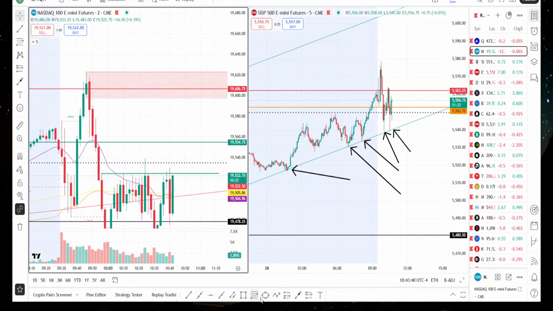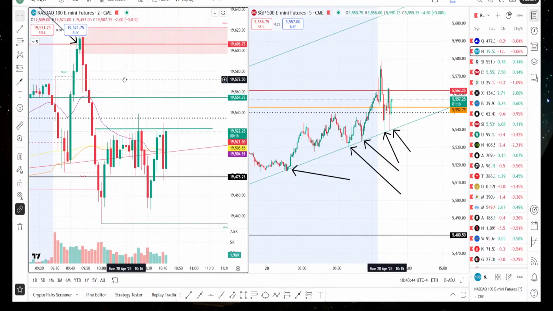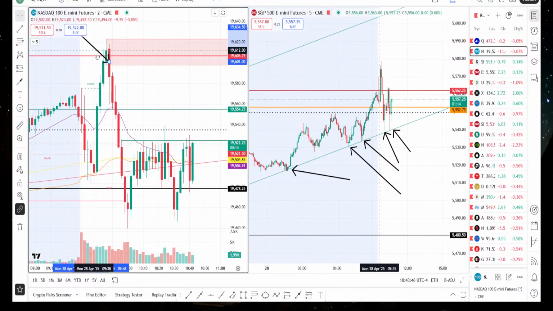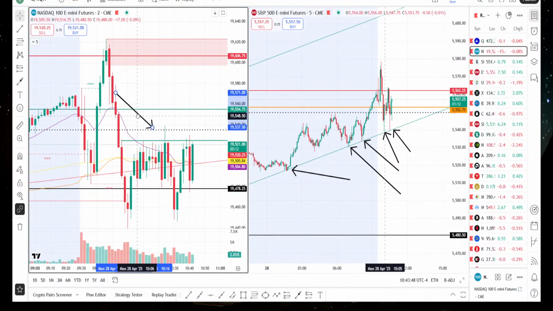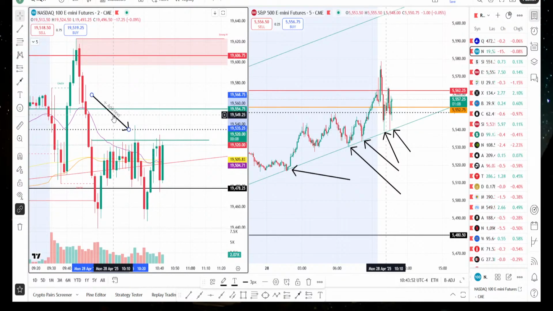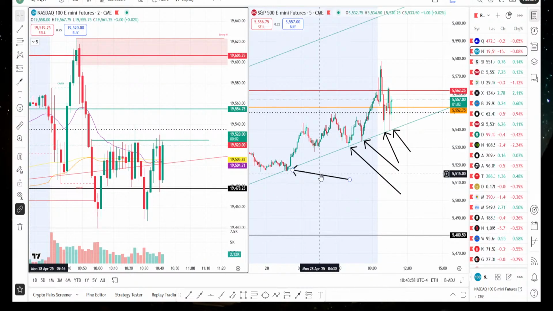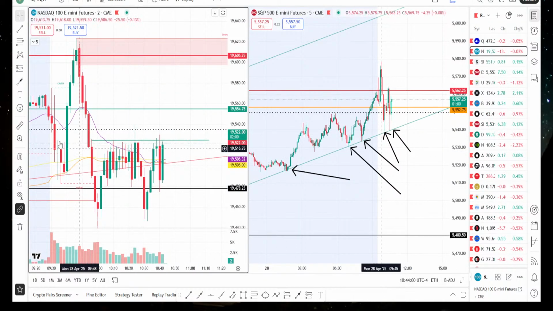Banks and institutions don't like buying high, right? They manipulate price, and then they buy it lower. For them to win, we need to lose, and vice versa.